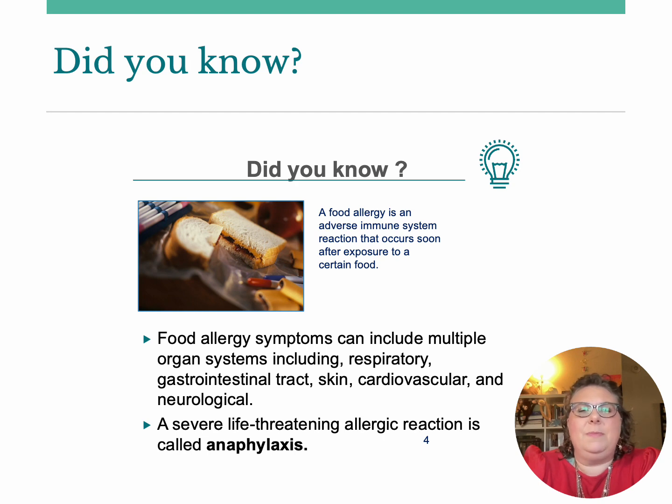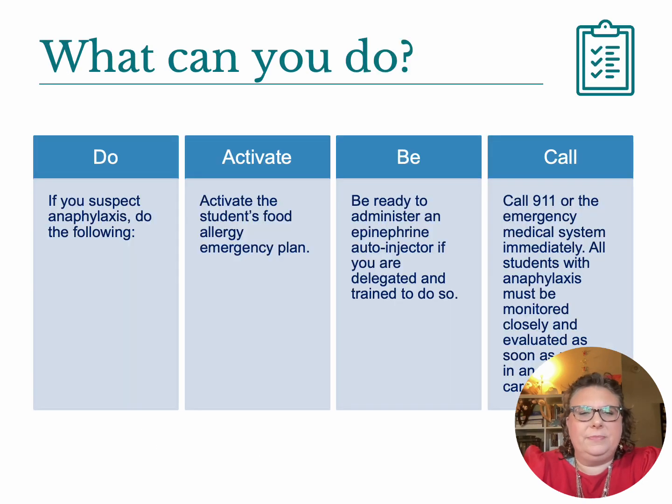Epinephrine is typically given by an autoinjector, which is a spring-loaded syringe to deliver a measured dose of epinephrine, typically called an EpiPen. Epinephrine autoinjectors are designed so that they can be administered by anyone with a very small amount of training.